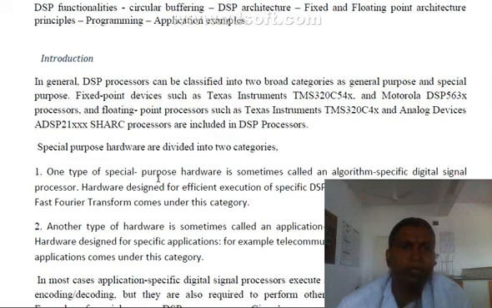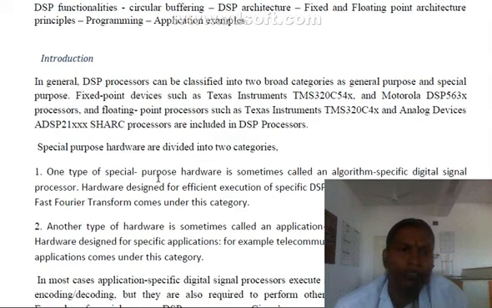And fixed point devices such as the Texas Instruments TMS320C54X series and the Motorola DSP563X processor, and floating point processors such as the Texas Instruments TMS320C4X and Analog Devices.